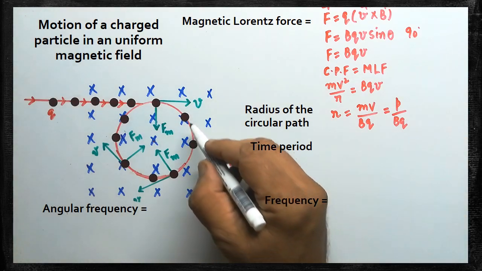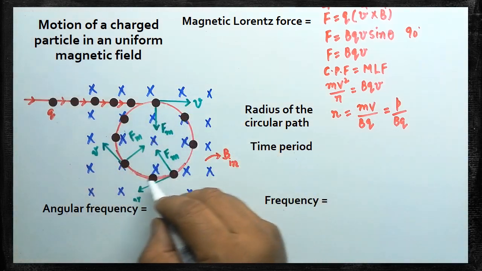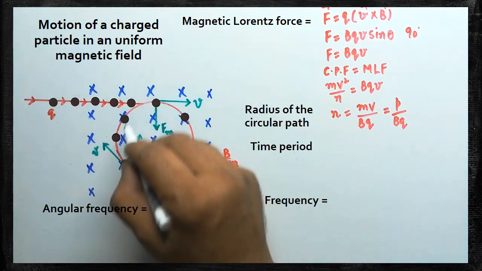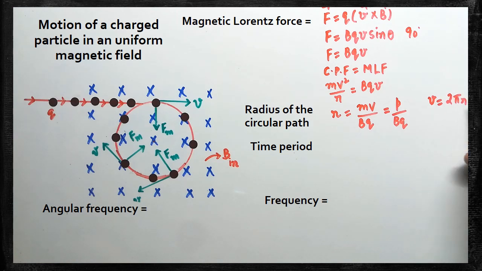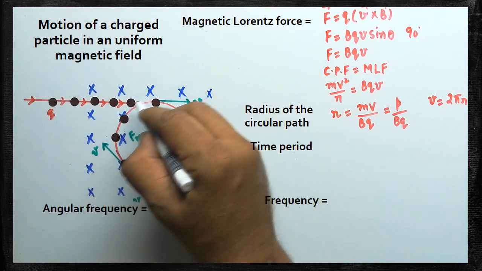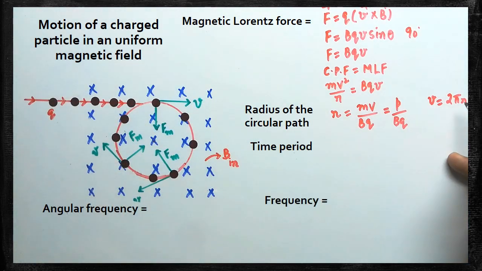Now, when it moves in a circular path, it will take some time to complete one revolution. That is called time period. Are you clear? What is the general formula for velocity? Velocity is equal to distance traveled divided by time taken. Total distance traveled by the particle in the circular path is 2 pi r. For that it takes some time, that is called time period.